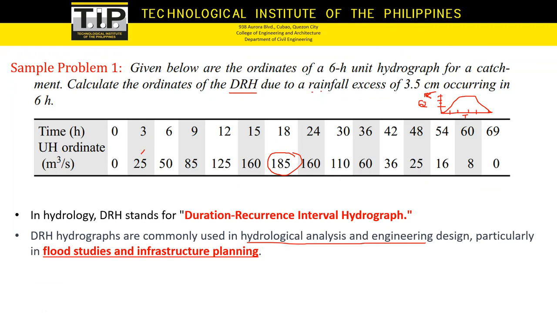So sabi dito, there is a rainfall excess of 3.5 centimeters occurring in 6 hours. So pag sinabi nating rainfall excess, yan yung amount of water na naging runoff. So after all the obstructions, yan yung lalim ng runoff na 3.5 centimeters.